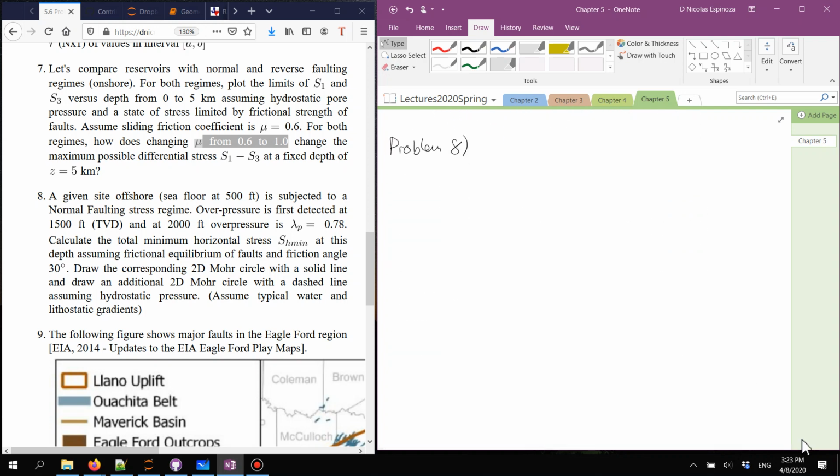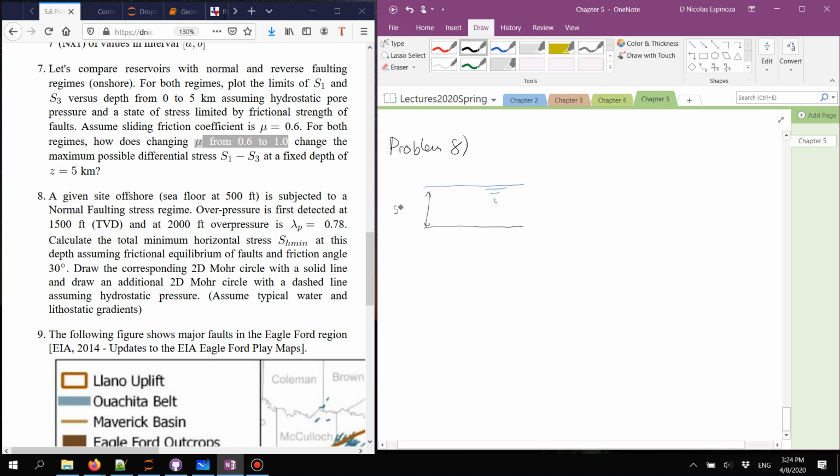So remember, whenever you have water, then you need to consider the depth of the seafloor. That's going to affect your vertical stress calculation, and therefore it is going to affect the final results as well.